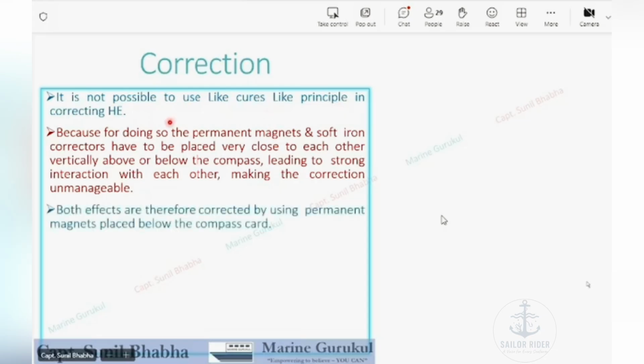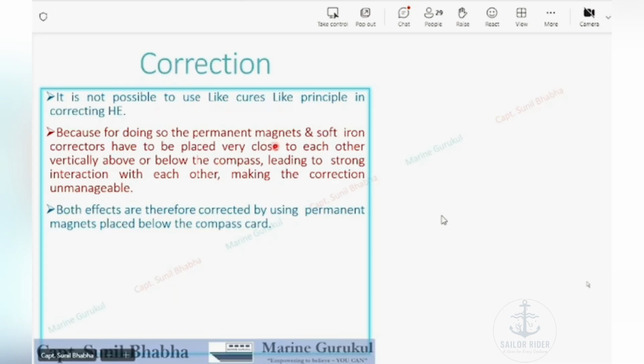Reason for this is, if we use the like cures like principle, the permanent magnets and the soft iron corrector will have to be placed very close to each other. They will be vertically above or vertically below the compass. Since the permanent magnet as well as the soft iron corrector is very close, it will lead to a strong interaction with each other.